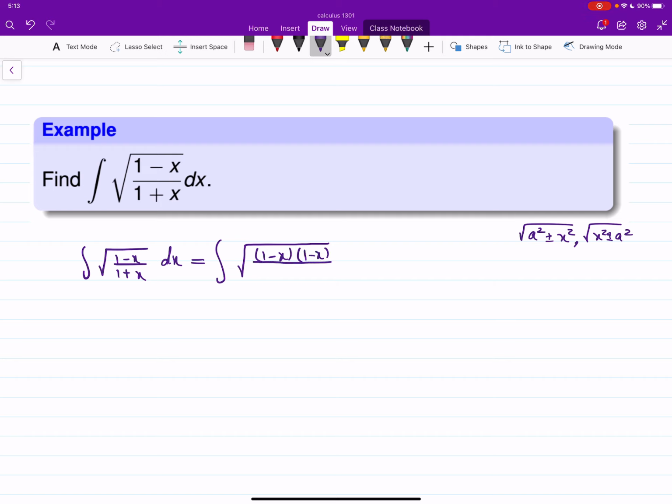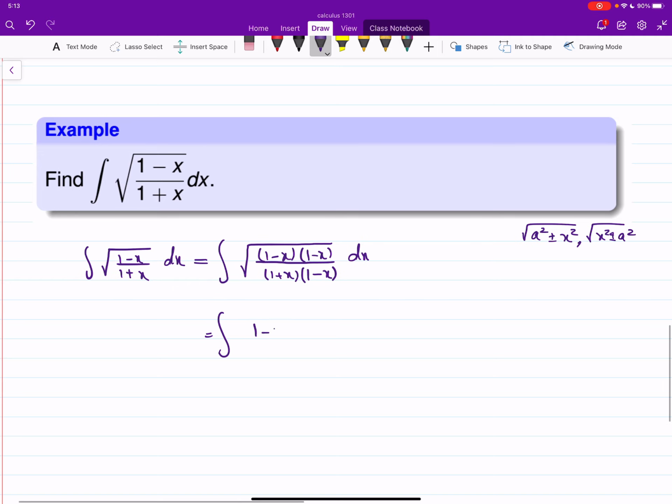Because I want to generate what I can deal with, yes? Which is square root of, here it's 1 minus x squared. But what happens here is that we get 1 minus x in the numerator. Well, actually square root of this squared, and then in the denominator we get 1 minus x squared dx.